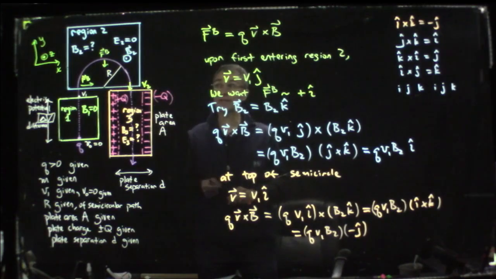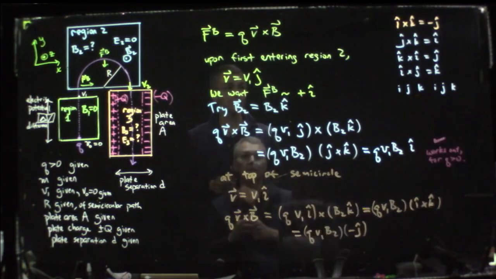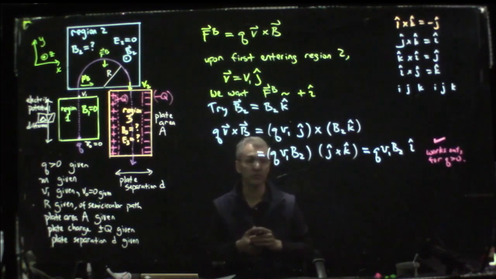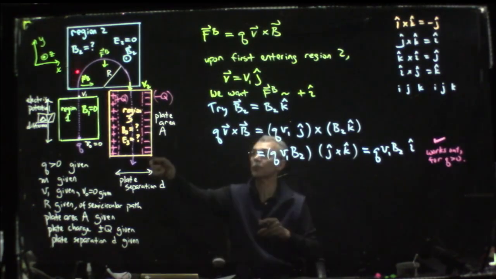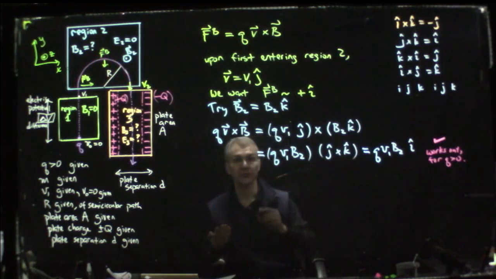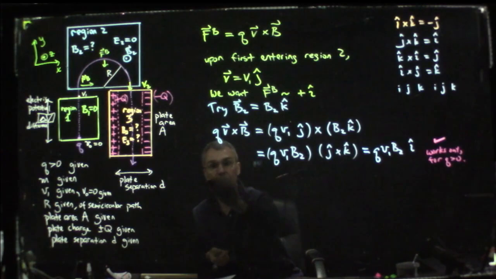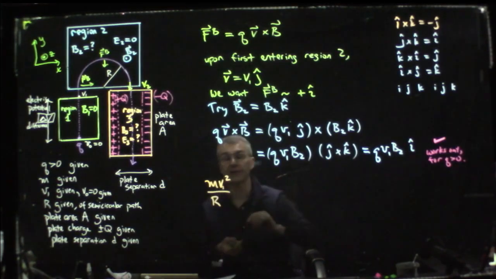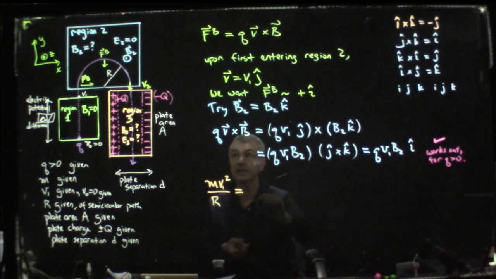Then, how big a magnetic field do we need to make that happen? Now we want to express the fact that the centripetal force, the force bending this particle in a circle, is the magnetic force. So the centripetal force is m v squared over r, where the speed is the given value v1, and that equals the magnitude of the magnetic force.